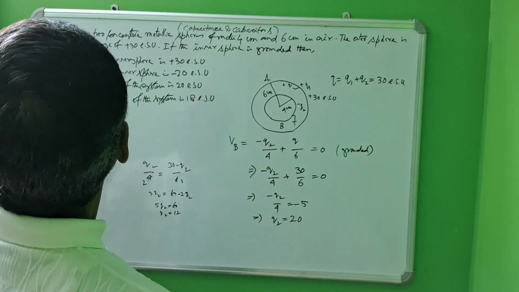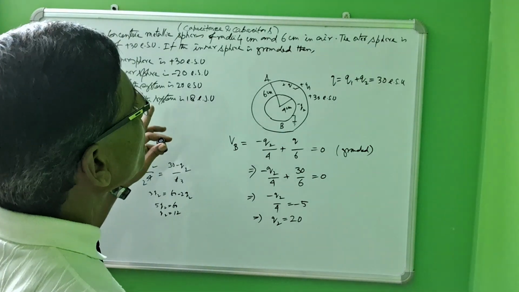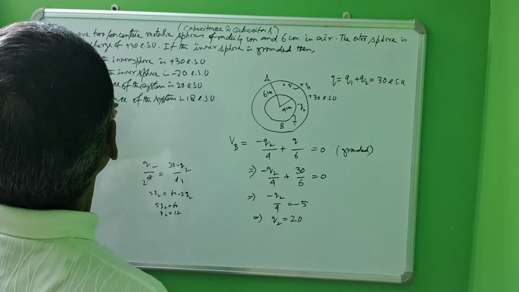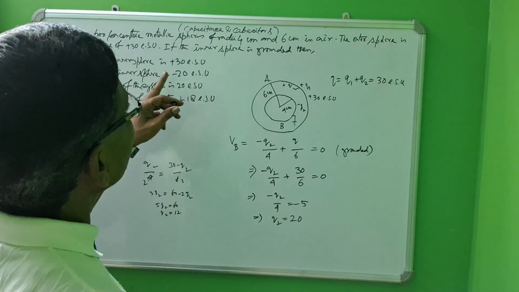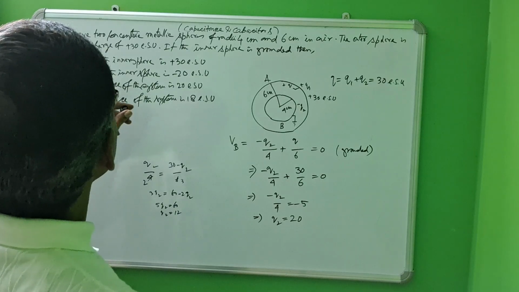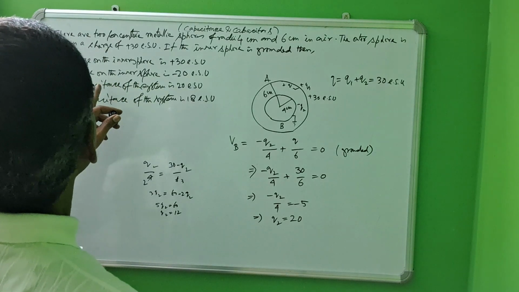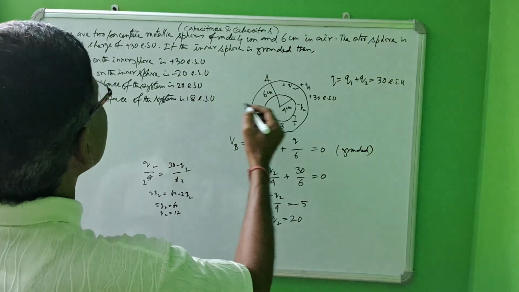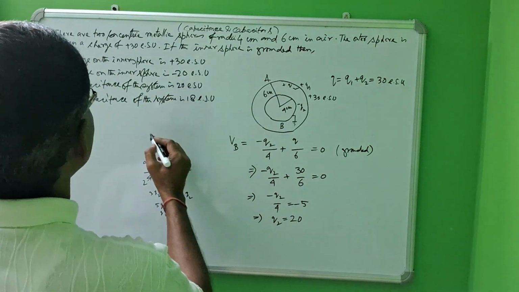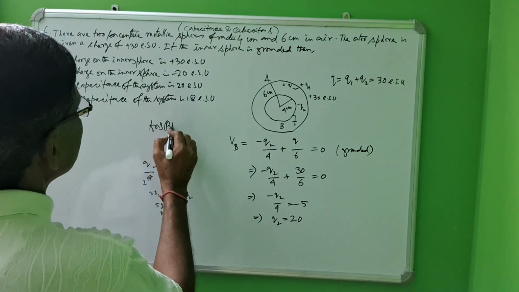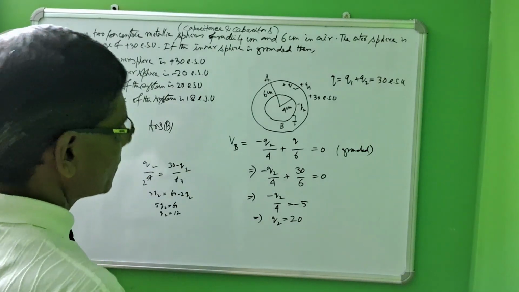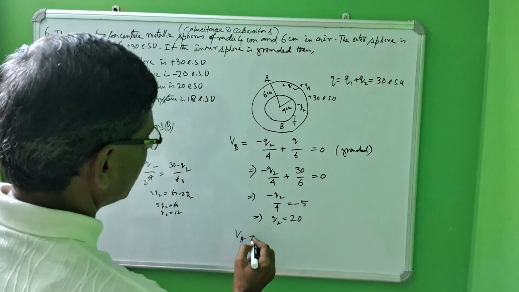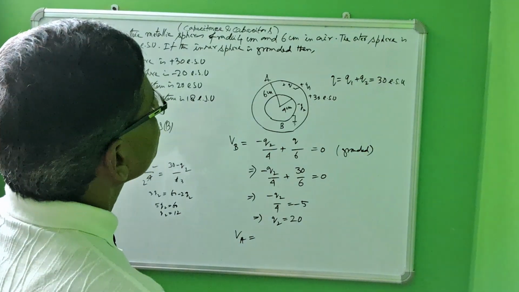So the charge on the inner sphere equals minus 20. So answer B is the correct one. And now VA, what will be VA?